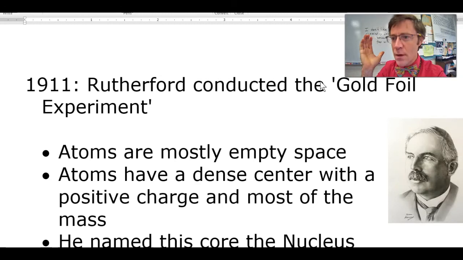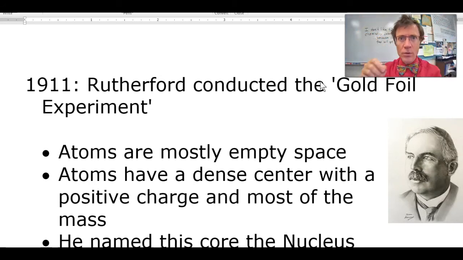So they set up this experiment where they shot radiation at a piece of gold foil. I don't know if you know what gold foil is from crafts or arts, but it's actual gold, hammered down so thin that it's like gold leaf. It's only a few atoms thick, incredibly thin.